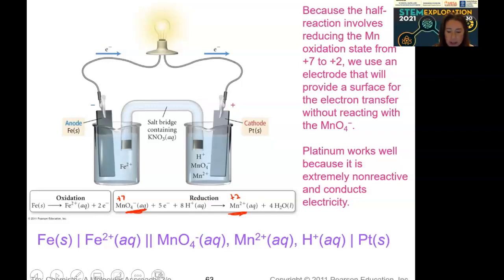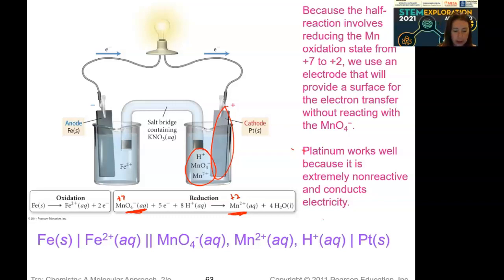Both of these are in the solution, but the transfer takes place on the platinum electrode. Now again, the platinum electrode isn't actually involved in our reaction. It's just a place where the electrons can be transferred.